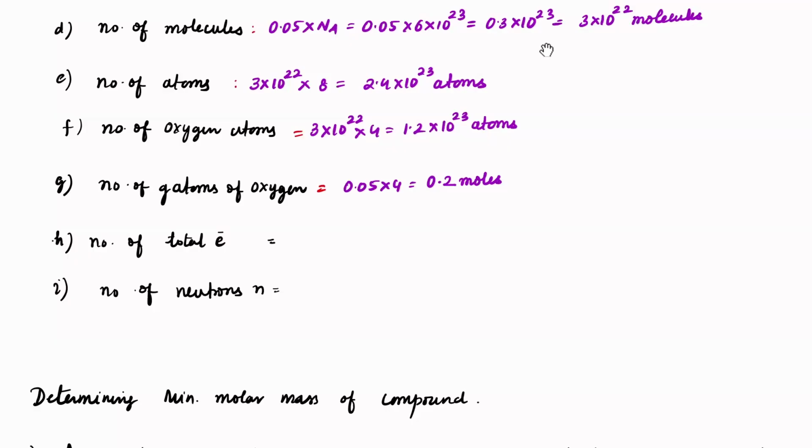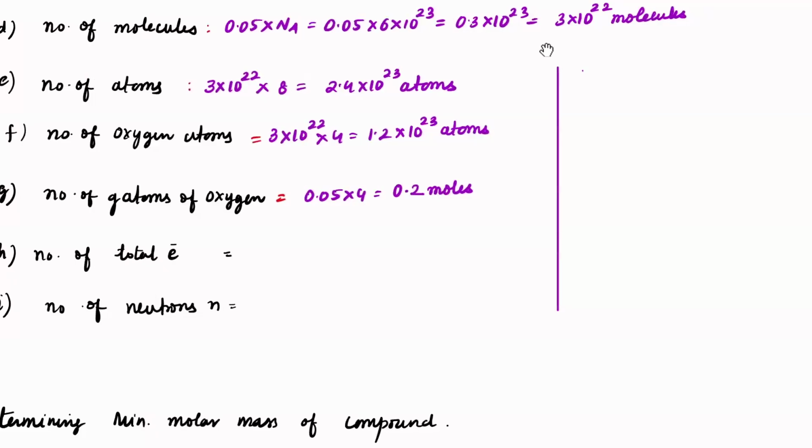Now check out number of electrons, everybody. To find the number of electrons, first we need to check how many electrons each atom has. H2, C2, O4. You know that every hydrogen has one electron, so that makes it 2 here. Every carbon has 6 electrons, and every oxygen has 8 electrons.